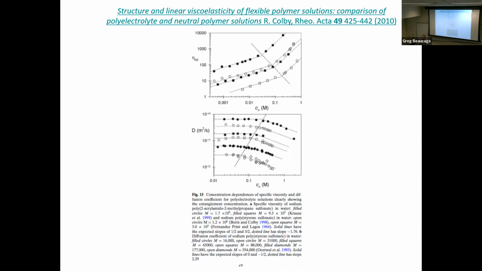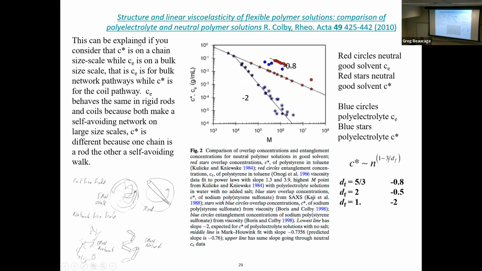When you take the limit as concentration goes to 0, that's the intrinsic viscosity. The names are confusing, but you can get the same thing from the diffusion coefficient: the cutoff point, basically the steeper power. That's your entanglement concentration, originally called the C star.